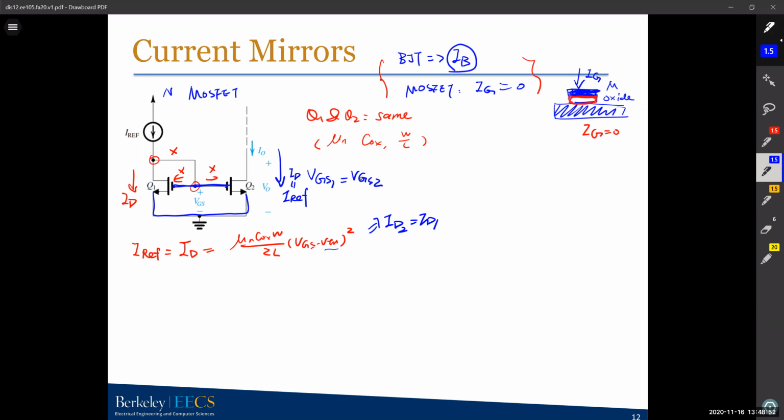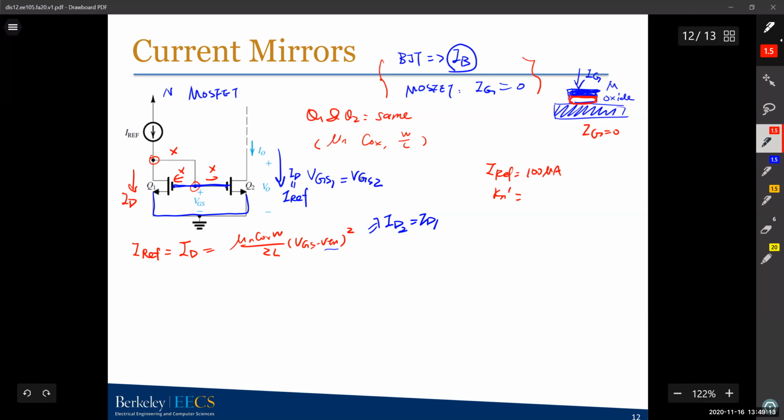Another current mirror, so you have the same current. And I'll ask you one last question here. You know the two branches have the same current. What if I give you IREF equals 100 microamps, and Kn prime, which is really mu n Cox, equals 200 microamps per volt squared, and my W over L equals 10?